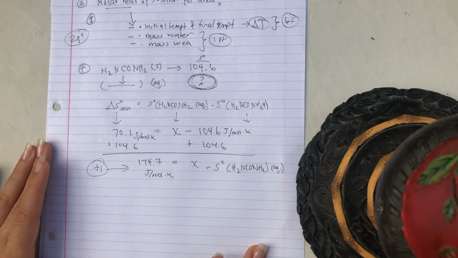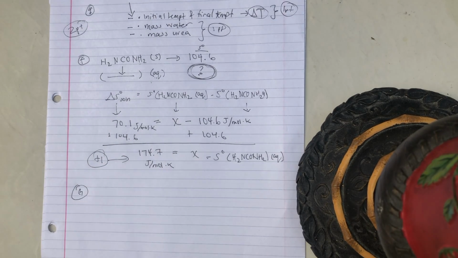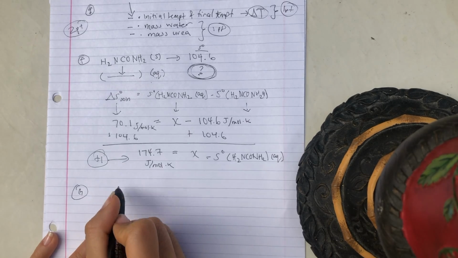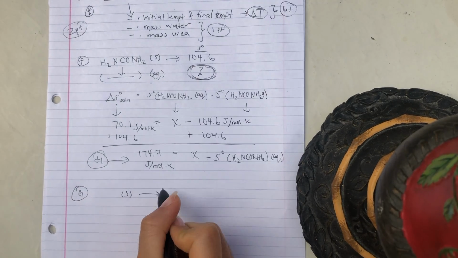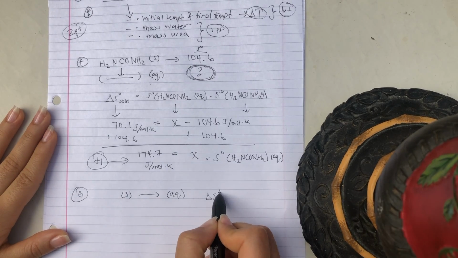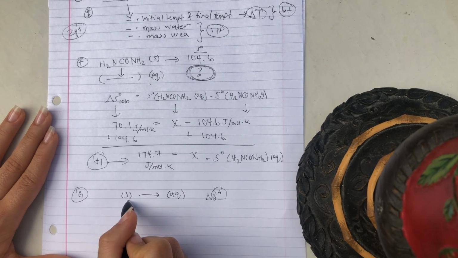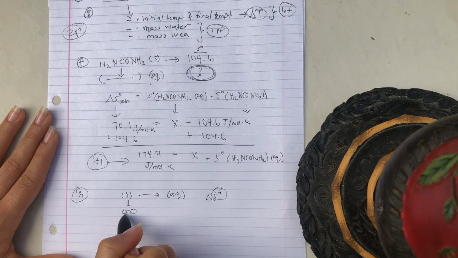Next, we have part G. And G asks, using particle-level reasoning, explain why delta S is positive for the dissolution of urea in water. So urea starts as a solid, and then in water it's aqueous. Why would delta S be more positive? So we know the particles in a solid compound are very compact.